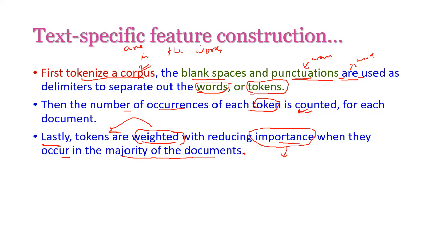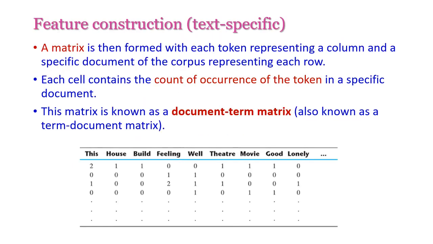Based on the weight of the token, a matrix will be constructed. Here, each column represents a token, and each row represents the number of occurrences of a particular word in the documents: document 1, 2, 3, etc.